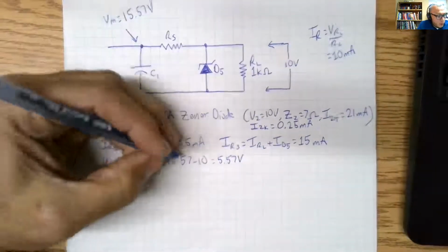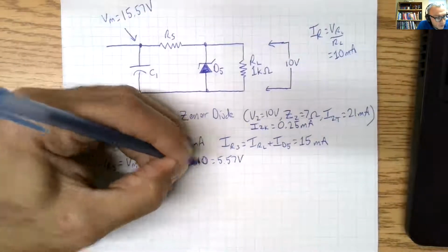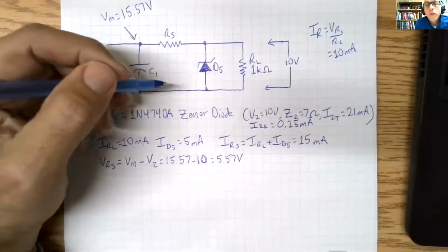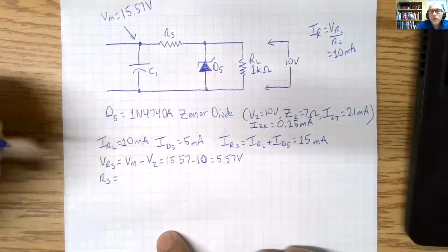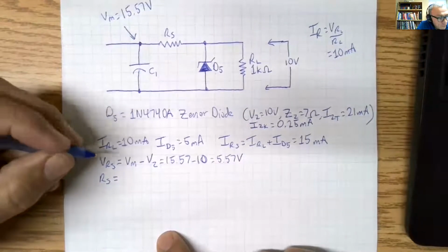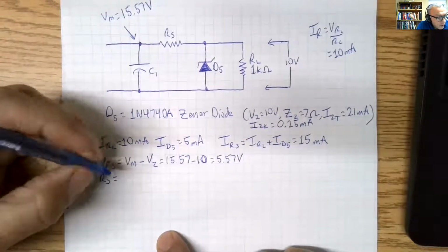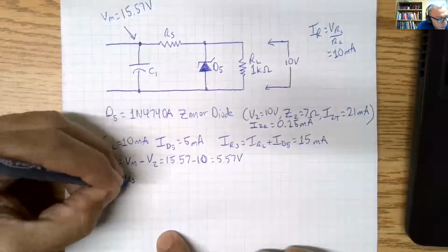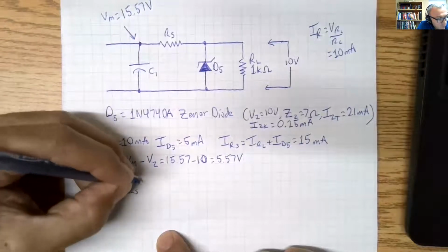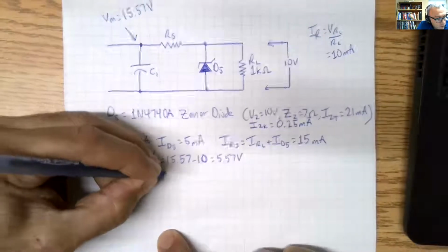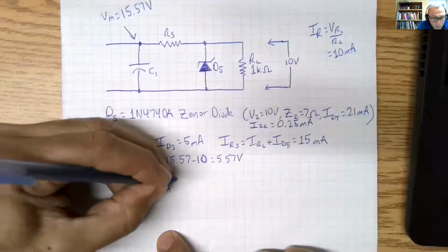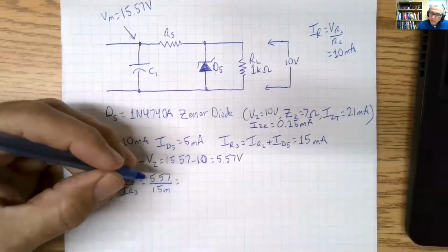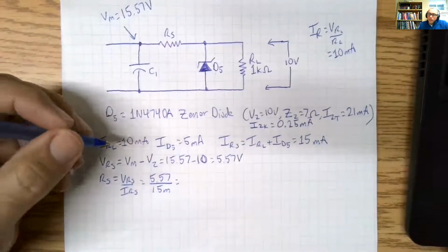Okay, so we know the current that we want coming through here. We know the voltage. So now RS, the value of that resistor, is going to be VRS over IRS by Ohm's law, which is 5.57 over 15 milliamps, which gives us 371 ohms.